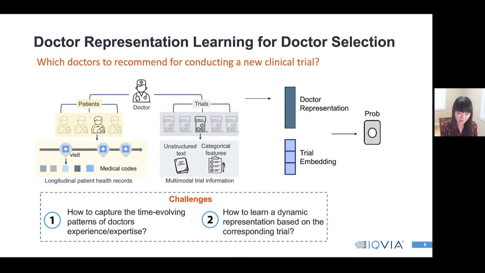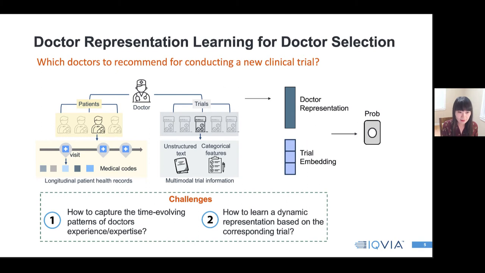For this task, we would like to determine which doctors we should approach for conducting a new clinical trial for a particular disease. In the past, such decision-making was performed by our specialists based on their knowledge and experience with the doctors they know. However, these are subjective and restricted by limited human knowledge and experience.